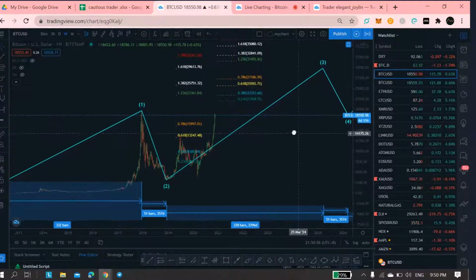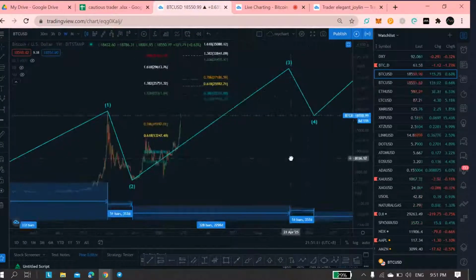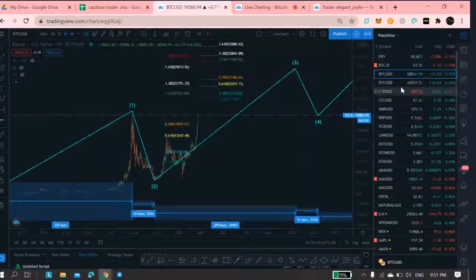So let's see how it goes. I'm targeting around March 31, 2025, but wave 3 can be the longest, so it can also become more than 30,000. So let's see how it goes for Bitcoin.